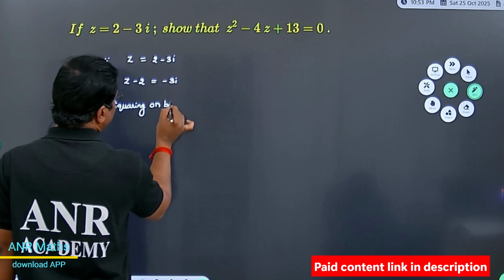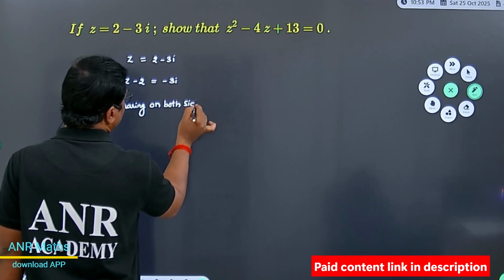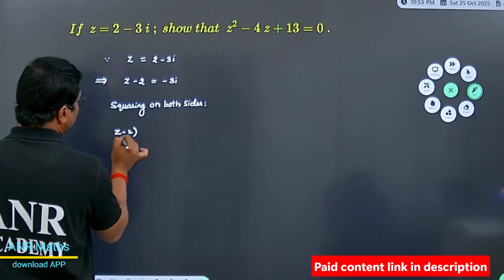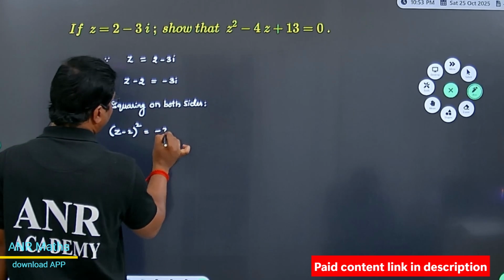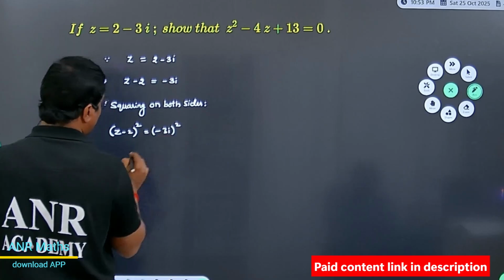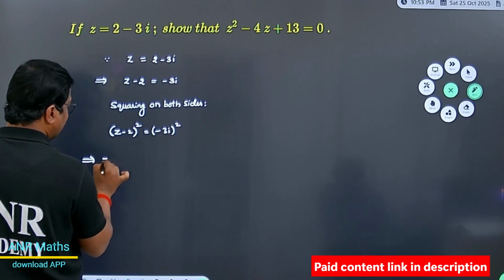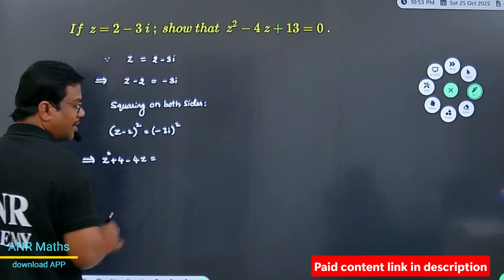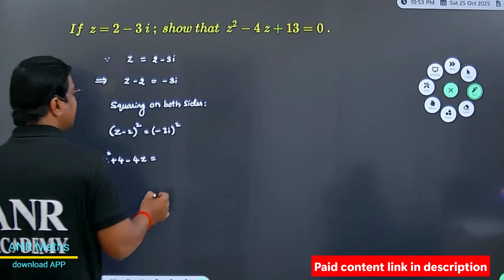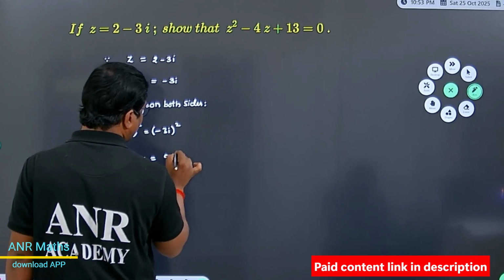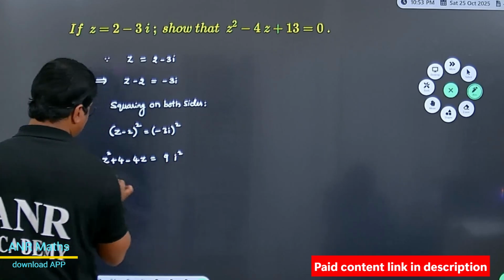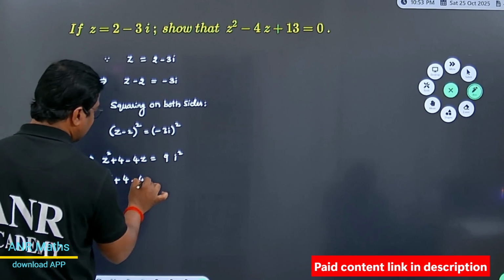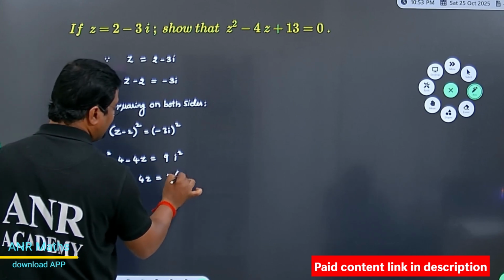Squaring on both the sides, then what happens, observe, (z minus 2) whole square equal to (minus 3i) whole square, implies in the left hand side z square plus 4 minus 4z equal to minus 3 whole square value plus 9 and i square here, that is z square plus 4 minus 4z equal to 9 of minus 1.